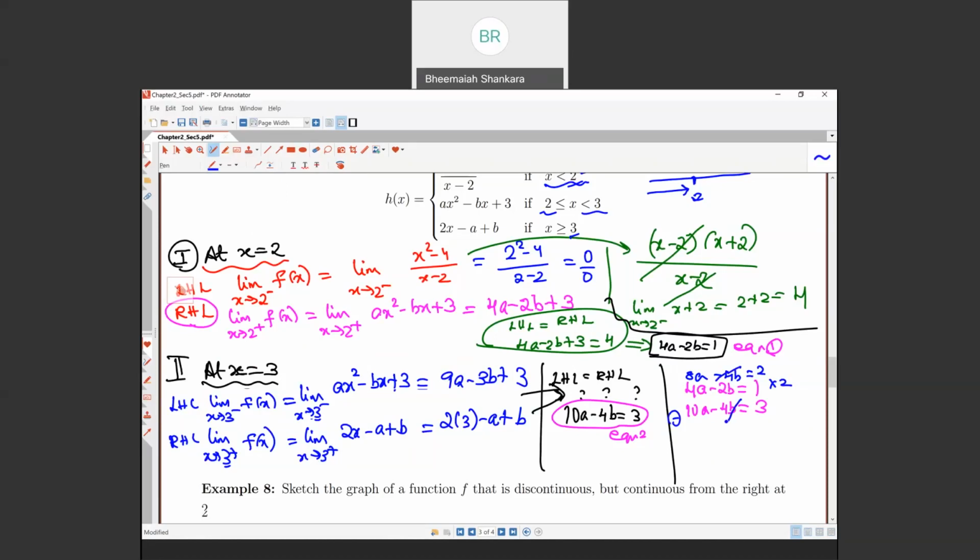When you subtract, all the signs change. So simplify, you have negative 2a equal to negative 1. So you can say a equal to 1 half. When a is 1 half, you can plug into equation 1 or equation 2 to find b. b also turns out to be 1 half. The question did ask us to find the values of a and b such that the function is continuous, and our answer is both a and b are equal to 1 half.